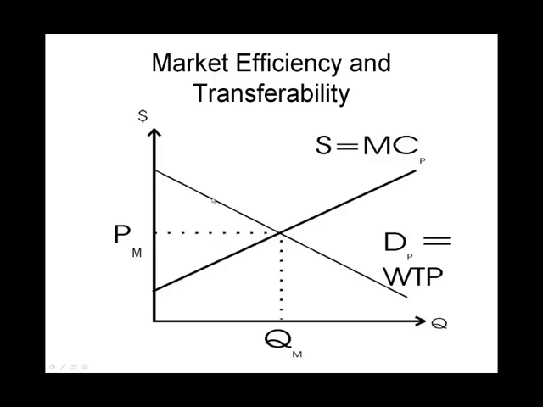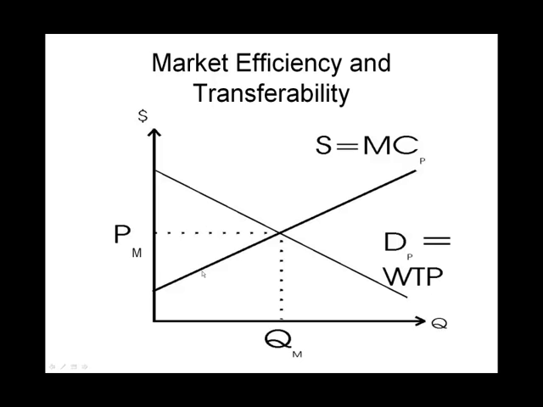So you can think about transferability as making possible this welfare gain. If I take this unit of good that it cost me this many dollars to produce, and I transfer it to the buyer of the good, the buyer is going to get these benefits, I'm going to get these costs. Transferability is essentially creating, you can think about painting in, the surplus that is created by the market activity.